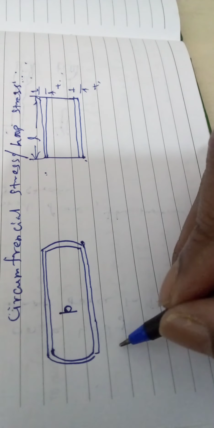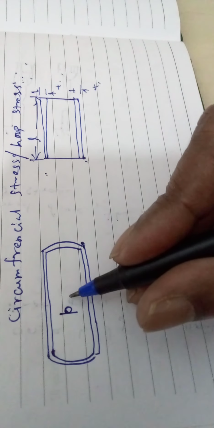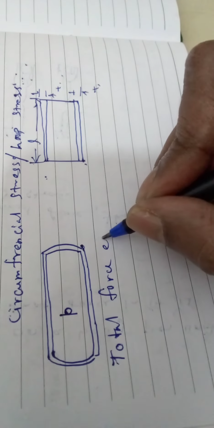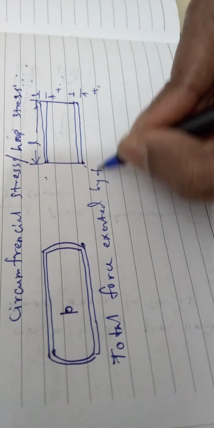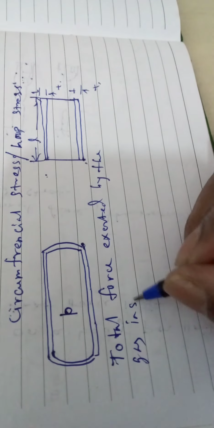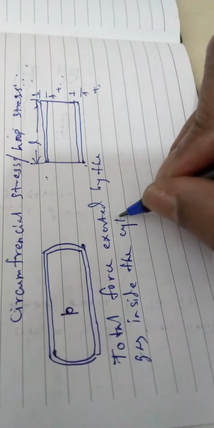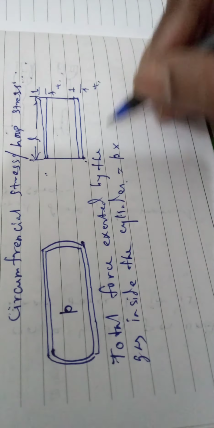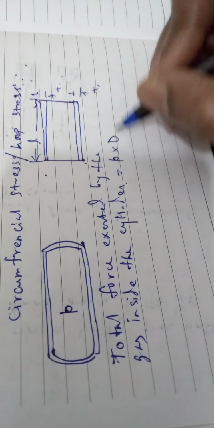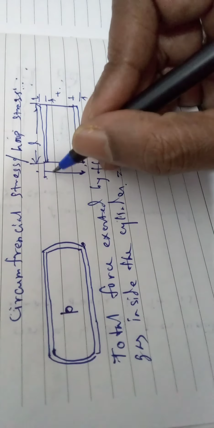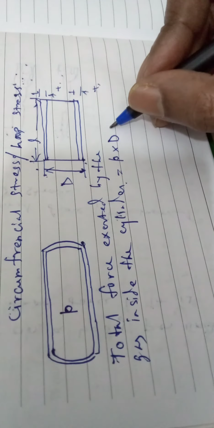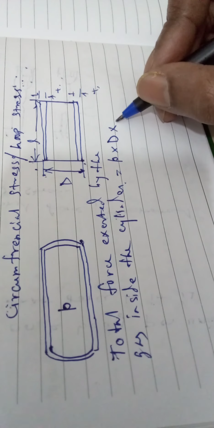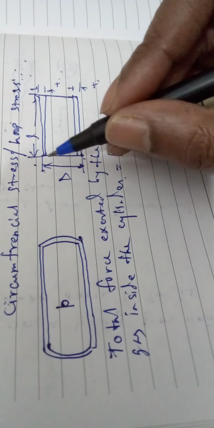So the total force exerted by the gas inside the cylinder is equal to pressure into diameter of the cylinder, that is big D, into L, that is the length of the cylinder.